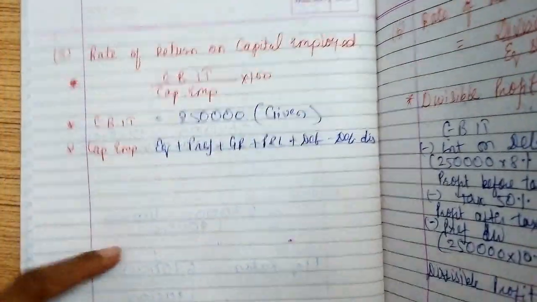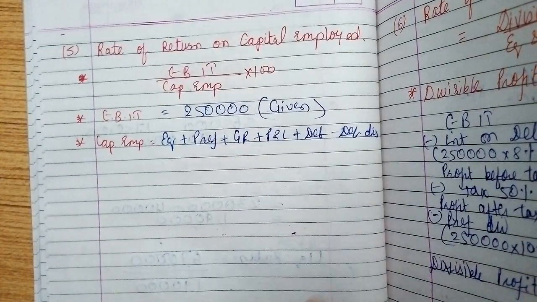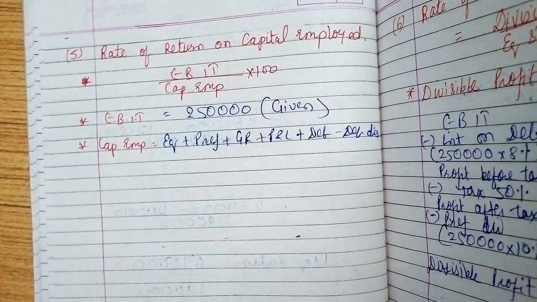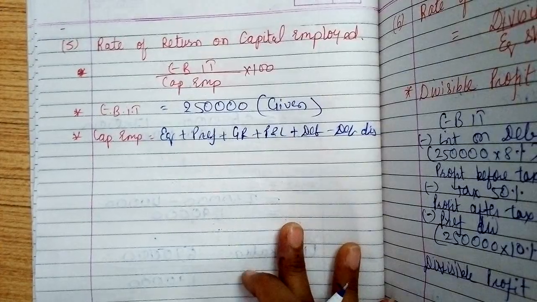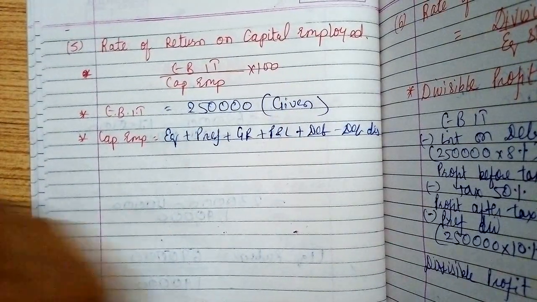Next, rate of return on capital employed. Formula: EBIT upon capital employed. So EBIT is directly given.